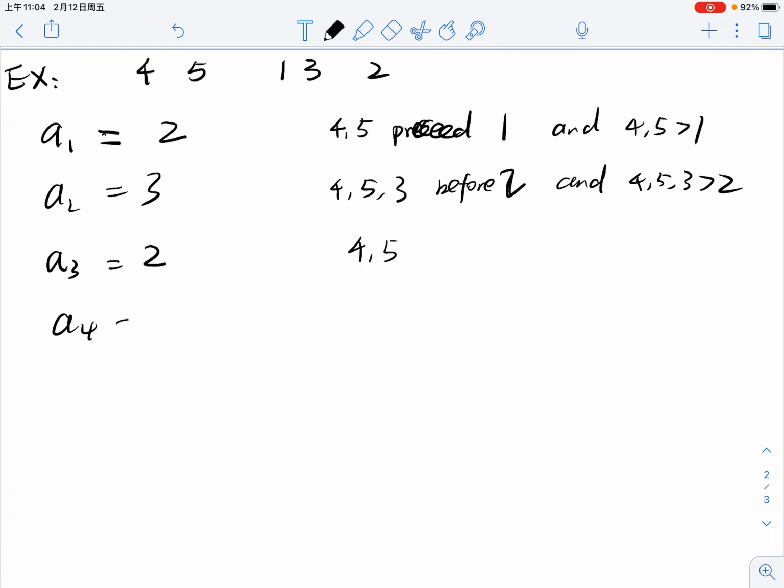And A4 is 0. A5 is also 0. And you can check the summation is 7, just the total number of inversions.